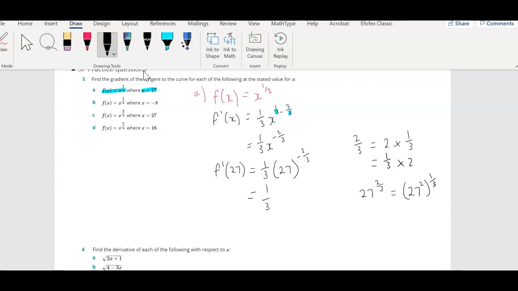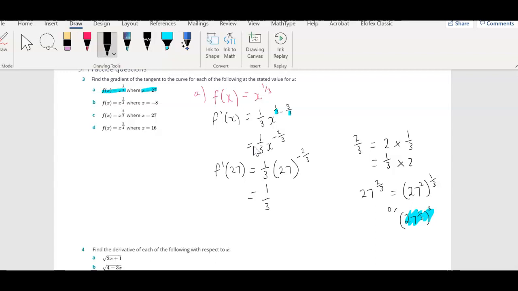And when you think about it, 27 to the power of 2 is pretty hard to do. Or you can do 27 to the power of 1/3, then square that, which is going to be a lot easier for you. So you're splitting the 2/3 into a unit fraction, in this case 1/3, and an integer, which is 2. And then you're able to do it a lot easier. Obviously, this one here is going to be easier to do than 27 squared. That's just ridiculous.